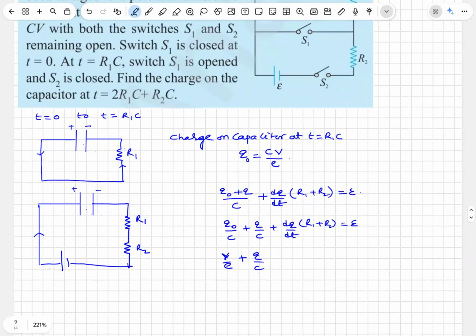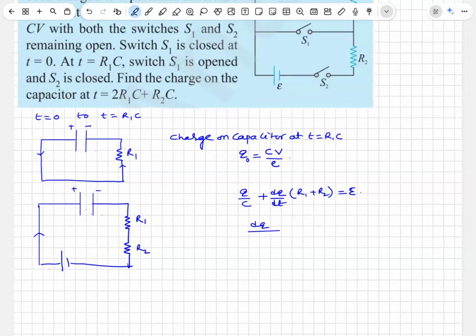Okay, that is okay. That's not an issue at all. What you are suggesting is don't take Q naught plus Q by C, simply take instantaneous charge as Q by C. That's okay. But E and V, are they the same terms or different terms? That we need to know. Therefore, dq is E minus Q by C, plus dt by R1 plus R2.